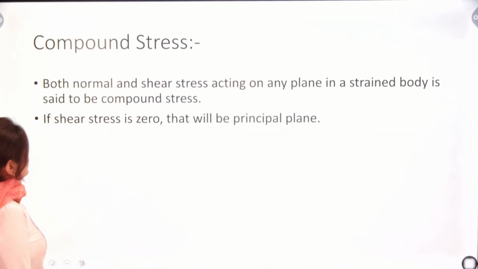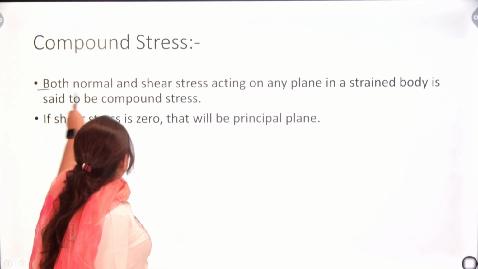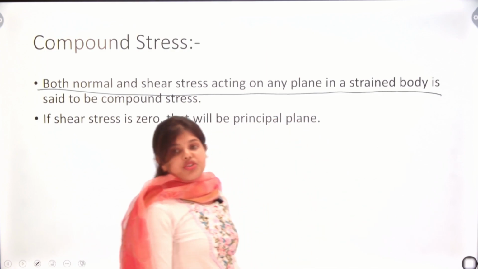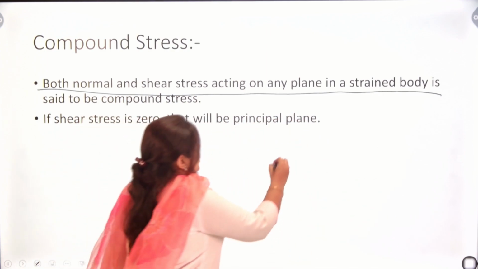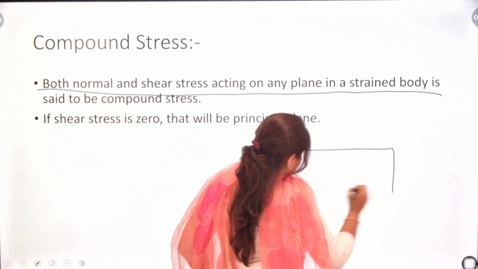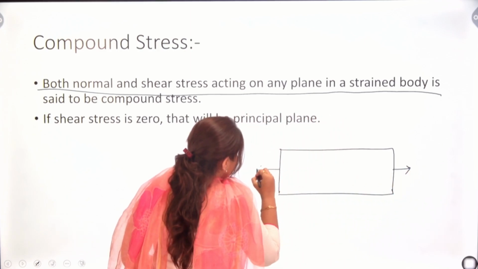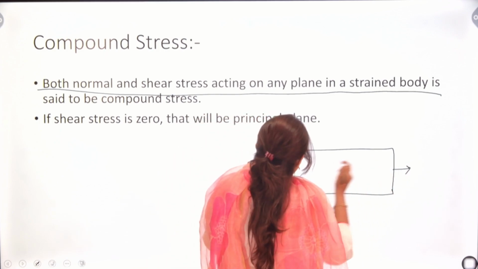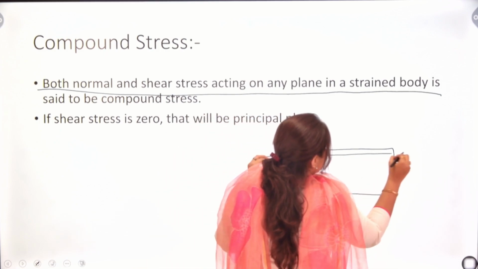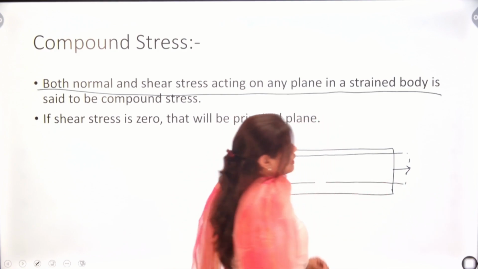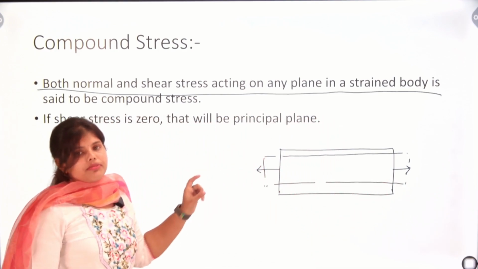In case of compound stress, both normal and shear stress act on any plane of a strained body. What is a strained body? We are using that type of body. If a tensile force acts, the body will form a structure like this; there will be a change, a deformation of the body.